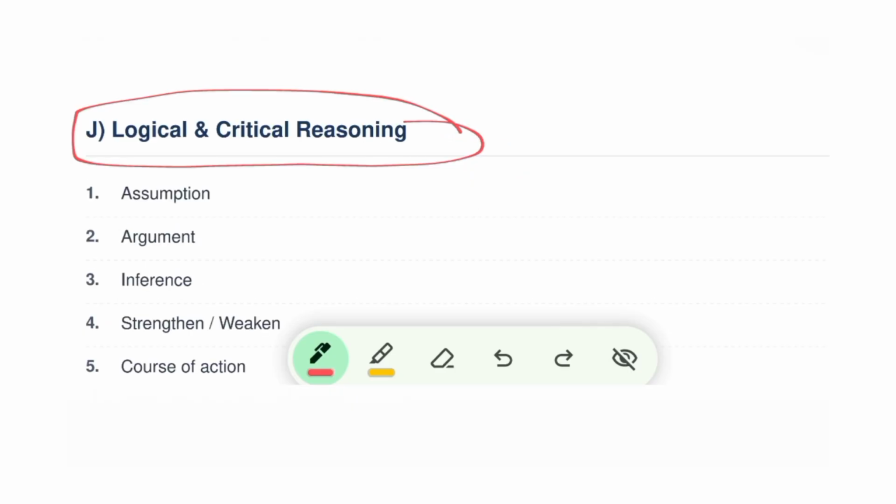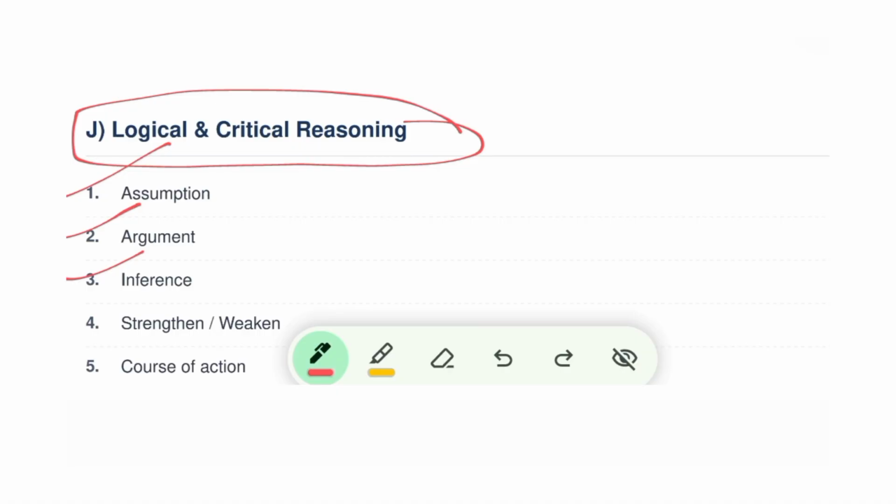Now the next topic is logical and critical reasoning, mainly asked in the mains examination. It can be dicey. There are questions where assumption can be asked, argument, inference based on the passage given, strengthen or weaken statement.